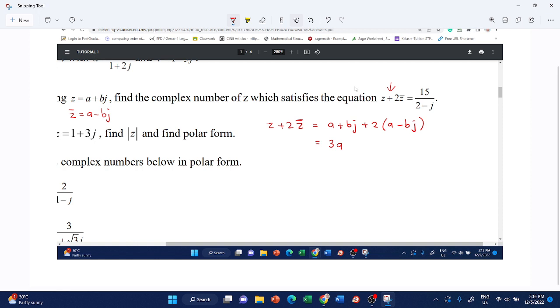Dia dapat berapa? Z minus bj equals 1b minus 2b. Yes, it's minus bj. Okay, so this is you punya left hand side, ya. Okay, this is left hand side. Okay, so kita start tadi left hand side kan.